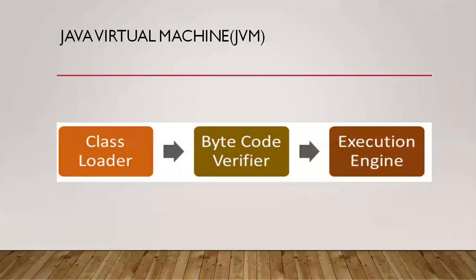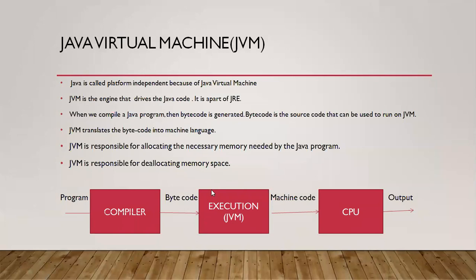Whenever we send a bytecode to the Java Virtual Machine, these three parts together form the execution JVM unit.